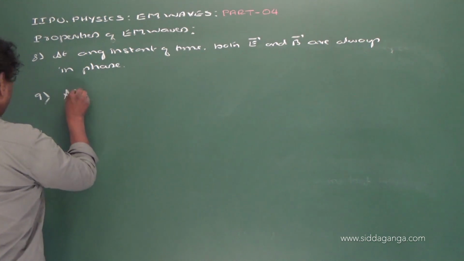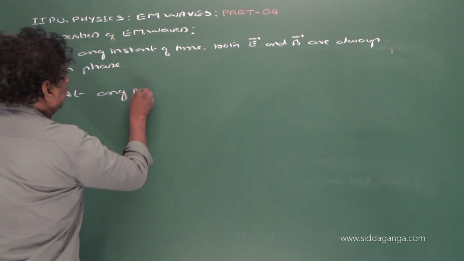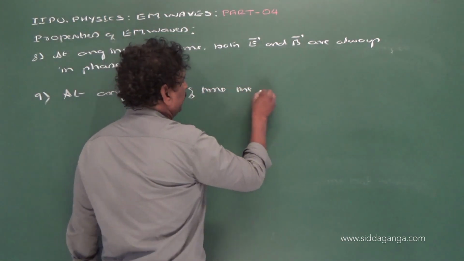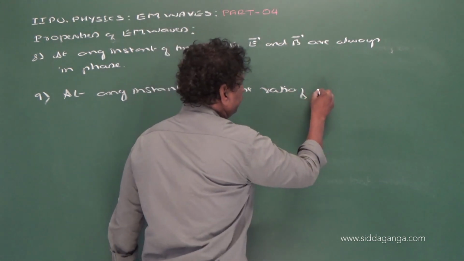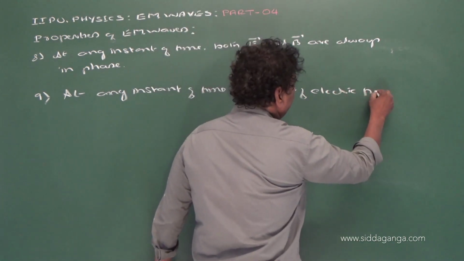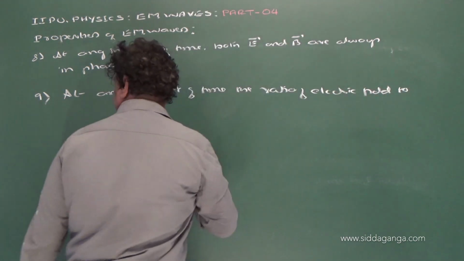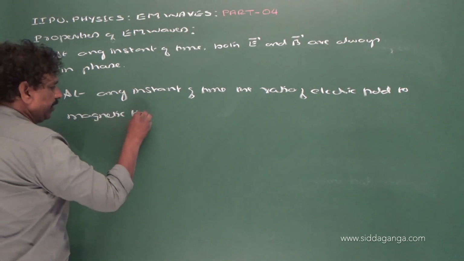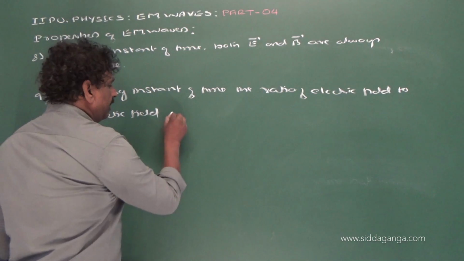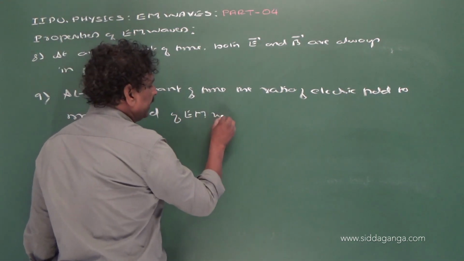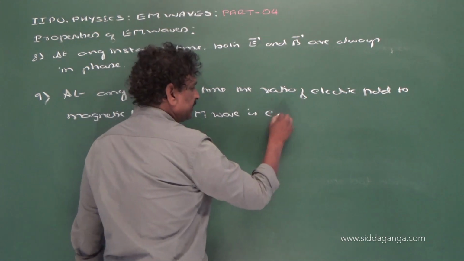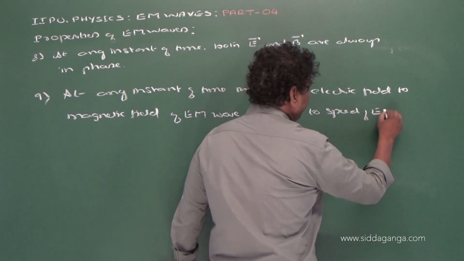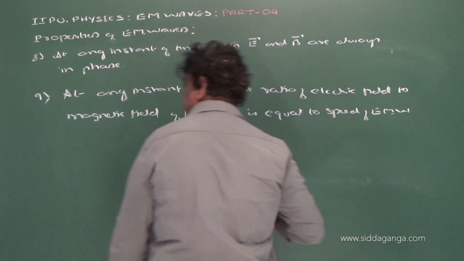Now, at any instant of time, the ratio of electric field to magnetic field of an electromagnetic wave is equal to the speed of the electromagnetic wave.